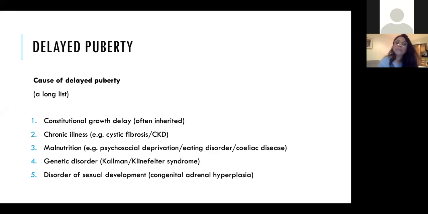Can someone tell me what the difference between constitutional growth delay and familial short stature is? I think this could potentially be an exam question. You can put it in the chat.